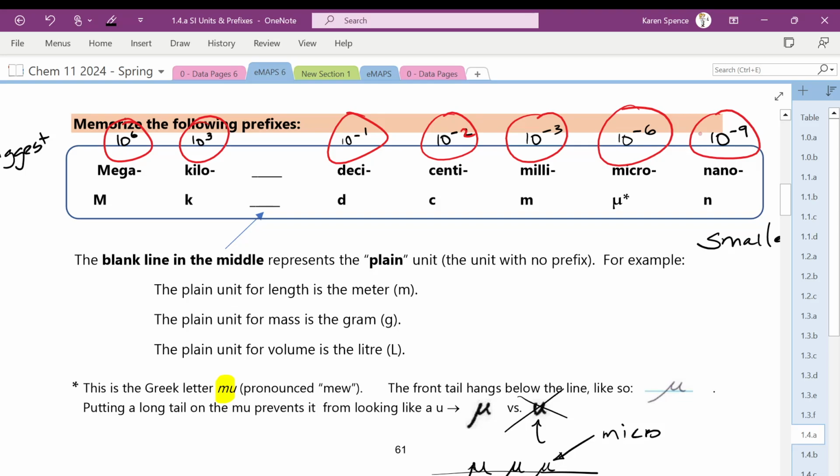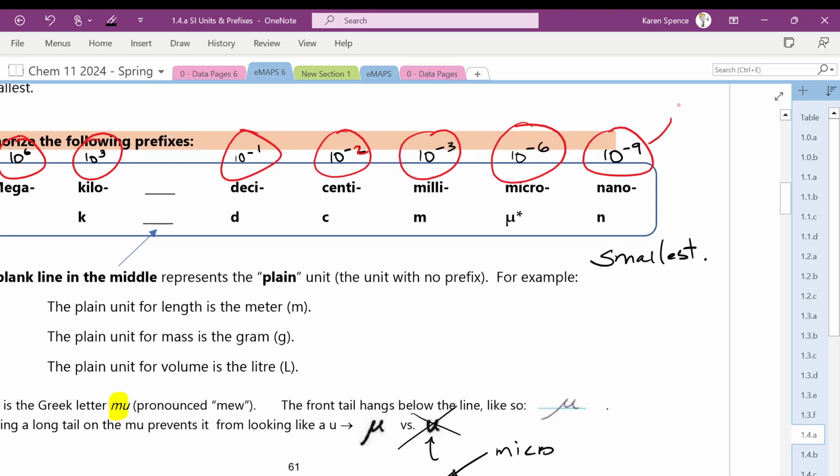So you would want to know that mega goes with 10 to the 6. Kilo goes with 10 to the 3. Deci goes with 10 to the 1. But these powers of 10 are also enriched. So if you choose not to learn them, you'll learn them in Unit 2 anyway. But if you want to learn them early and do it as an enriched little thing, you can.